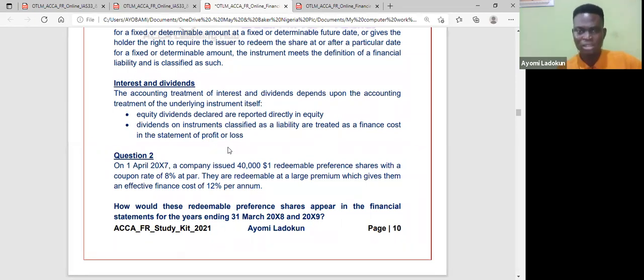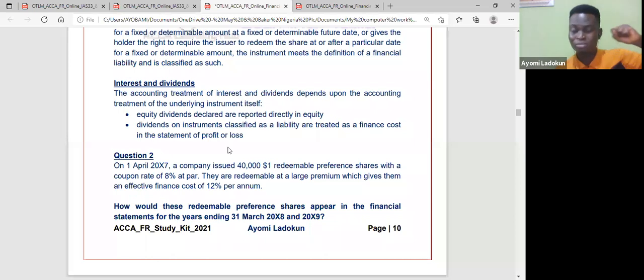Now, for interest and dividend, it depends on the treatment of the underlying instrument. If equity dividend is declared, it is reported in the equity section, but dividends on instruments classified as liability are treated as finance cost in my statement of profit or loss. Let me say that again. The treatment of that dividend will be dependent on the treatment of the underlying instrument.